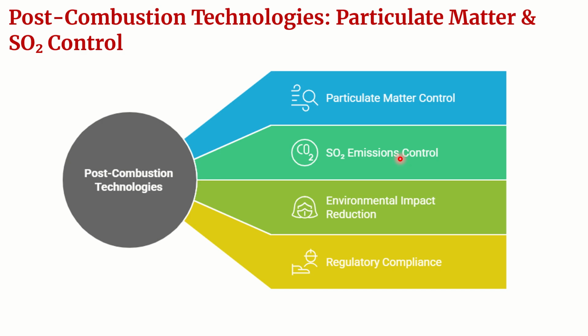So the resulting solid product is collected by a particulate control device. Less water consumption is involved in this process, but typically lower sulfur dioxide removal efficiency compared to wet scrubbers. And also, these post-combustion control techniques could efficiently reduce the environmental impact by adhering to regulatory compliance.